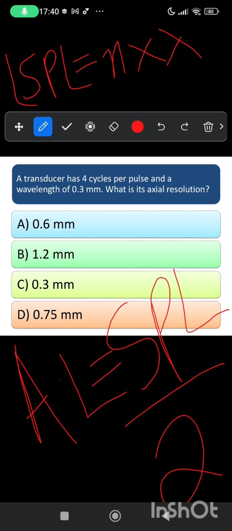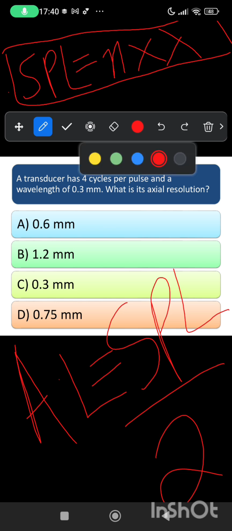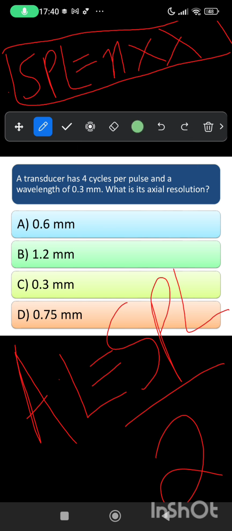Sometimes they ask the number of cycles formula in the exam as well. Yes, number of cycles multiplied by wavelength. This means SPL is 4 multiplied by 0.3, which is 1.2. And axial resolution is SPL over 2, which is 0.6 millimeter.